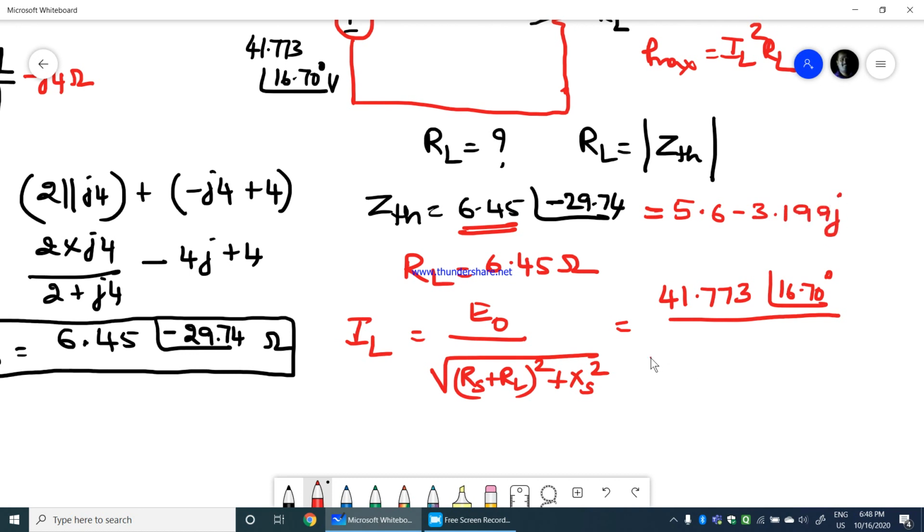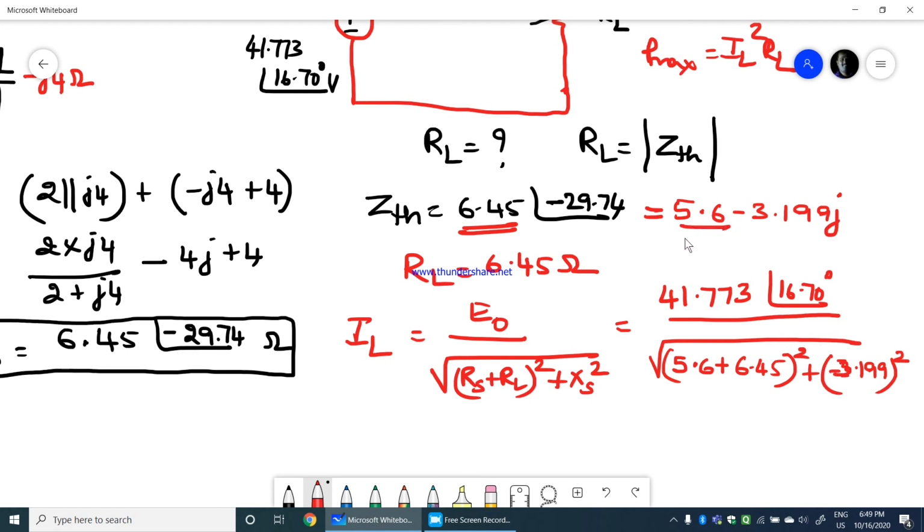So this is the square root of RS, which is 5.6, plus RL, whose magnitude is 6.45, whole square, plus minus 3.199 whole square, because that is XC.